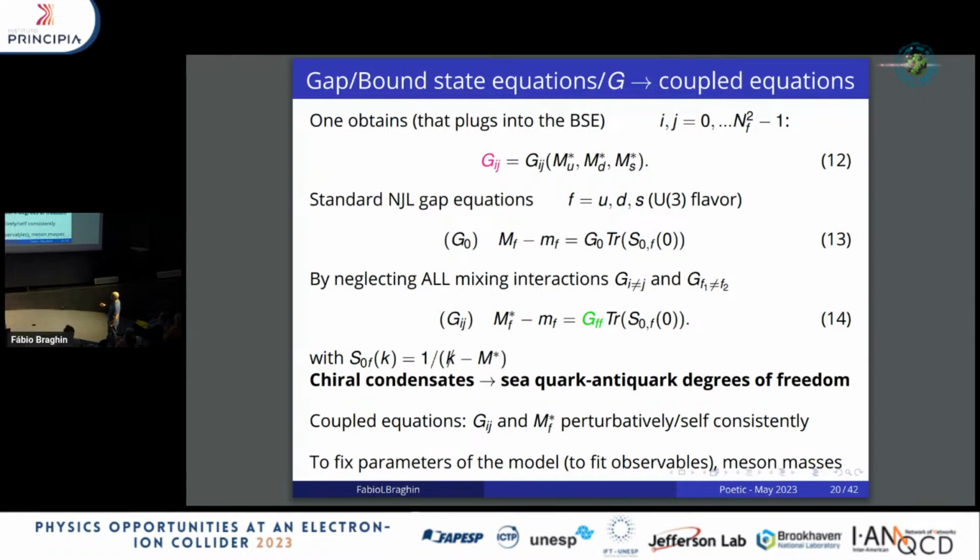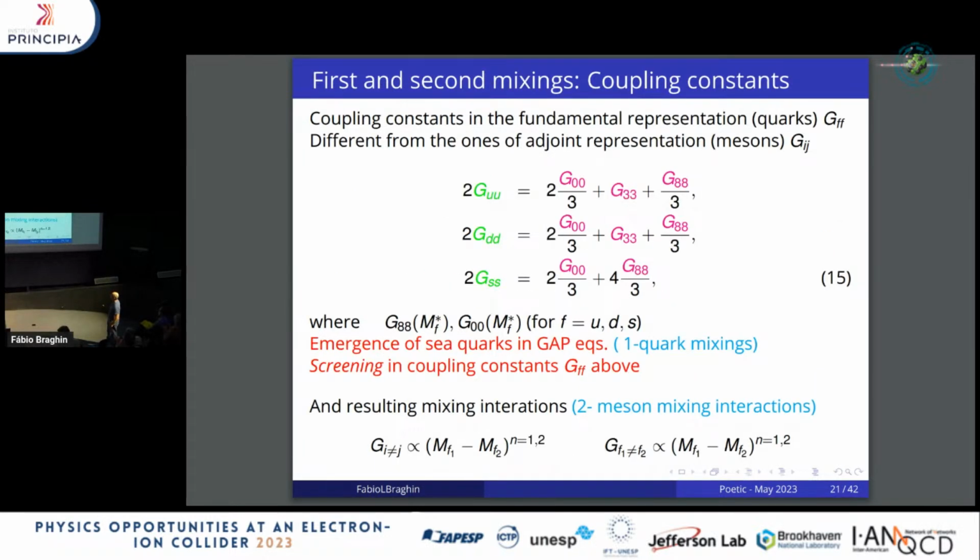Then we have to solve self-consistently the equation for the four-point diagrams and the two-point diagrams; they will be self-consistent, simplified Schwinger-Dyson coupled equations. Then we have to fix the parameters, the quark masses and coupling constant, by fitting some meson masses, while some of the meson masses will already be predicted by the model.